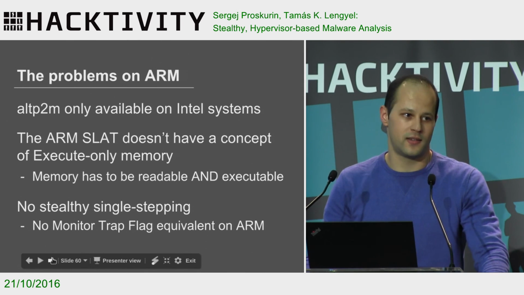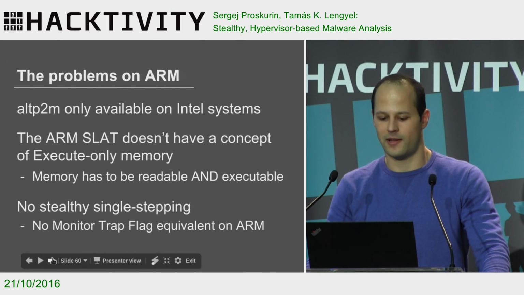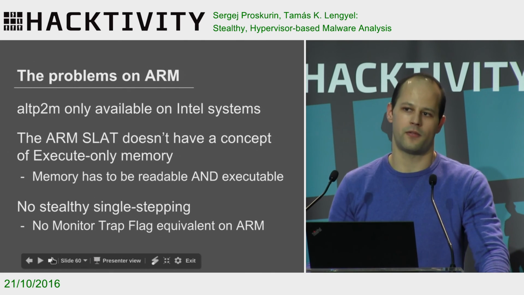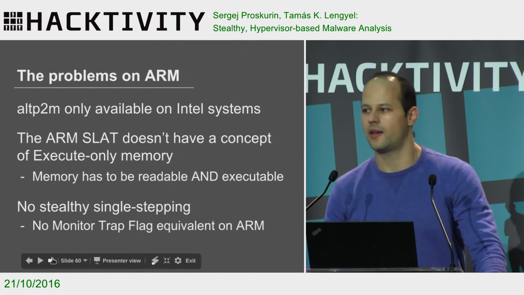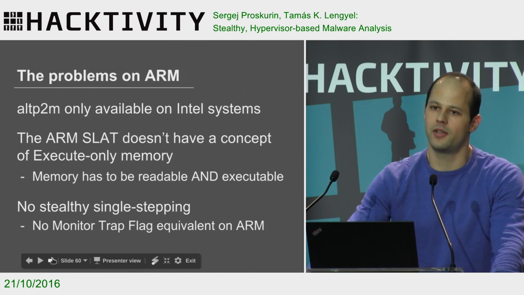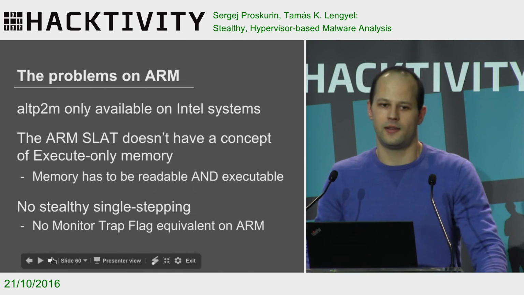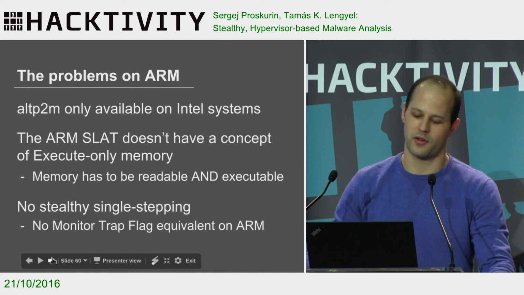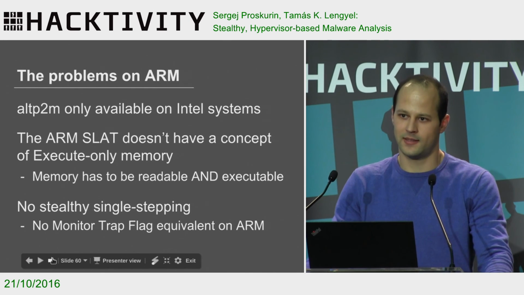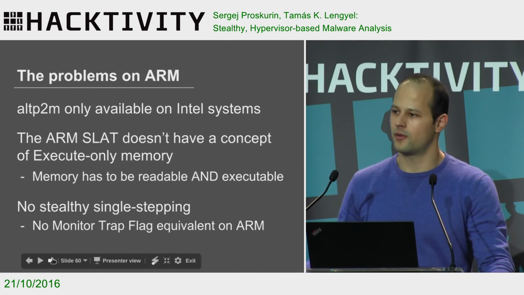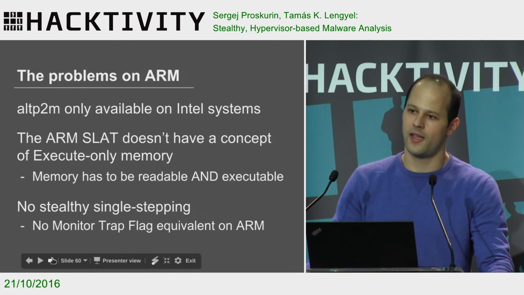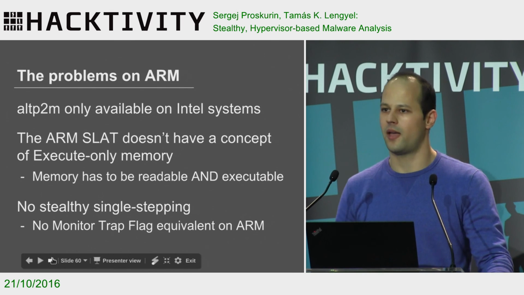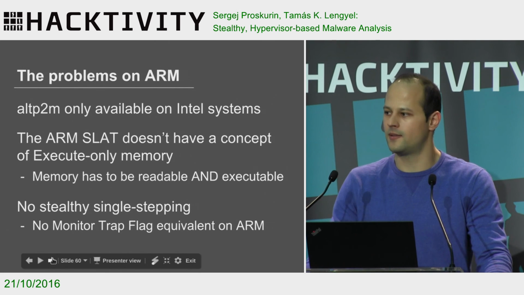So the next point is that the ARM second-level address translation mechanism doesn't have a concept of executable memory, and this complicates things. If we look at the x86 architecture, as Tamás already explained before, we can simply inject certain software breakpoints into the code and hide them by remapping the page to be execute-only.